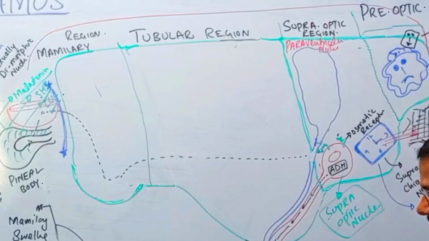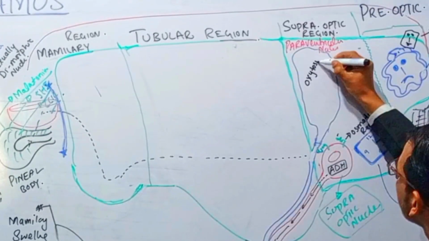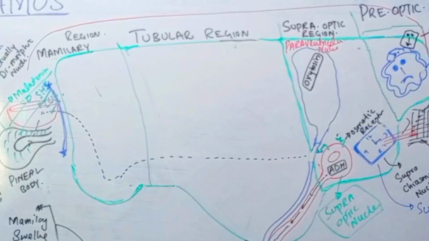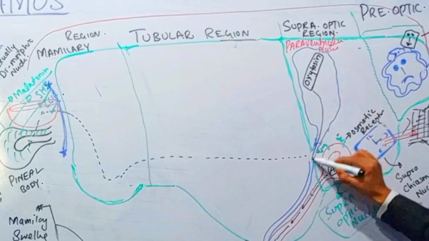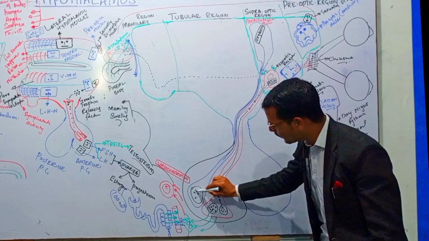And what is the role of this nuclei? It forms oxytocin, right? And this oxytocin will come here and will be stored in vesicles.